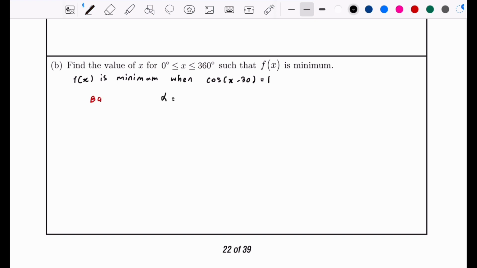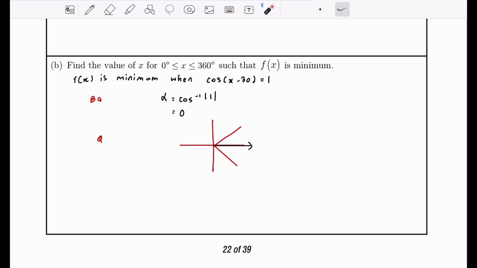So alpha equals shift cos of the modulus of 1, and we will get 0. For quadrant, the cos will be positive in the first and in the fourth quadrant. However, since our reference angle is 0, we will sketch our reference angle at the positive x-axis.